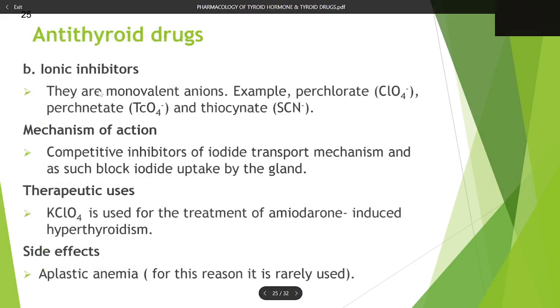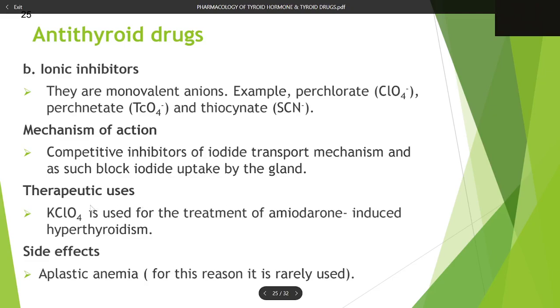Now, ionic inhibitors are monovalent ions, right? Examples are perchlorate, pertechnetate, and thiocyanate. The mechanism of action includes competitive inhibition of the iodide transport mechanism, and as such, they block iodide uptake by the gland.